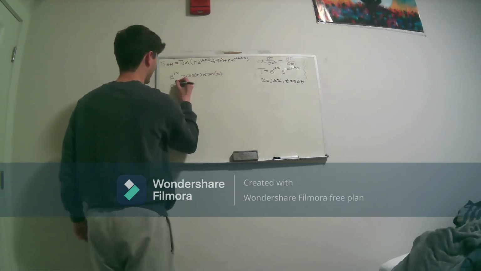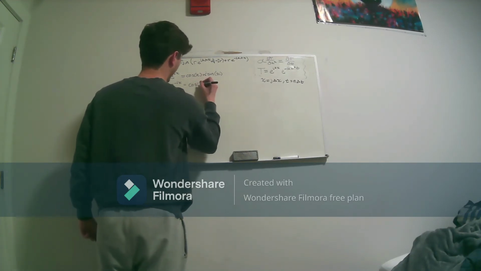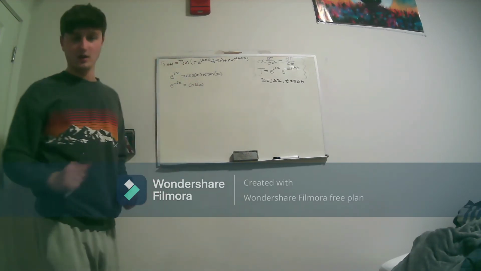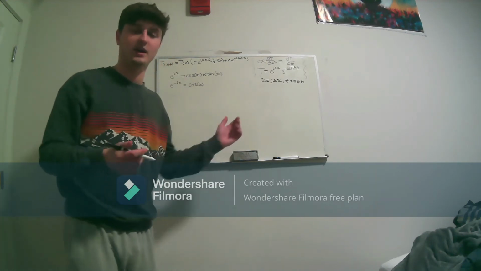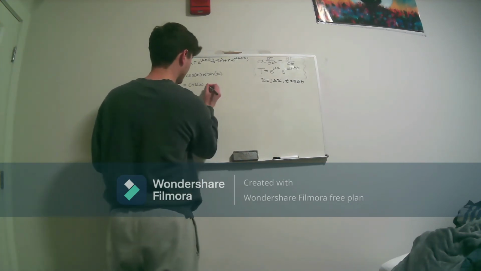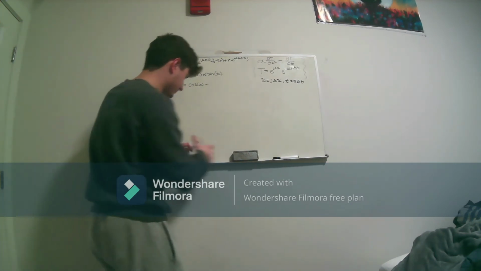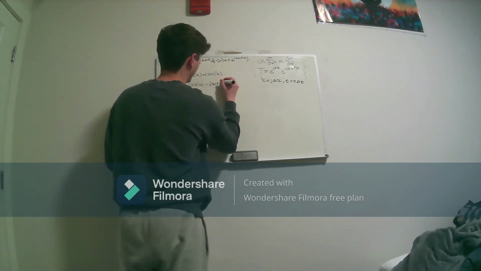And then e to the negative ix is equal to cosine x minus i sine x. Cosine x is an even function, so it's not impacted by the negative, and since sine is an odd function, we get minus i sine x.